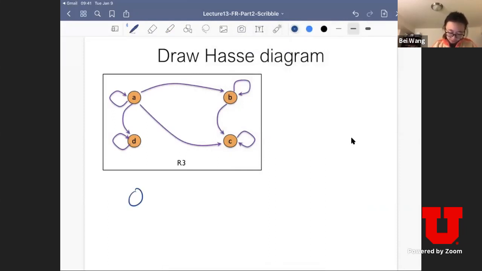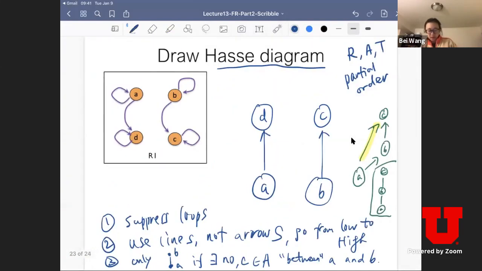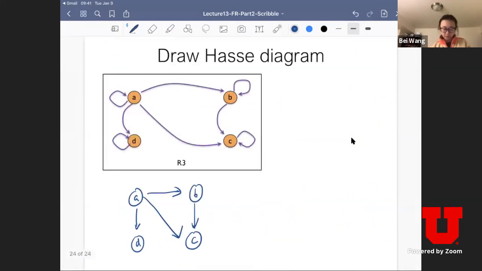So first of all, I'm going to get rid of all the loops. This is what I have, but this is not a Hasse diagram yet. The second thing is using lines, not arrows, going from low to high. So I'm going to get rid of all the arrows. But I need to redo it low to high.